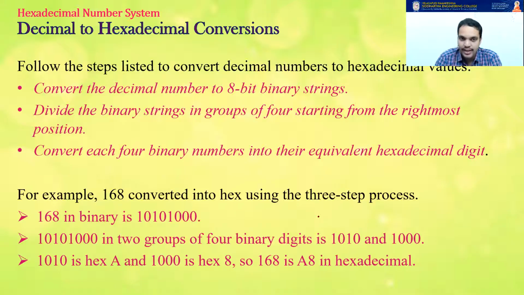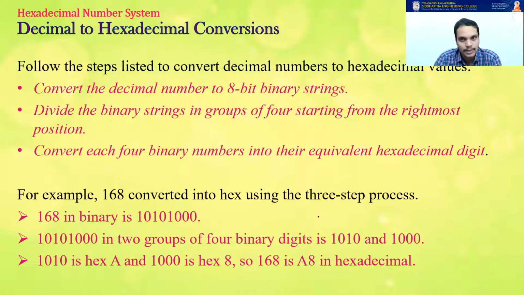You have to divide this into groups of 4, so I have 2 groups here: 1010 and 1000. The equivalent of 1010 is 10, which is written in hexadecimal as A. 1000 has a decimal equivalent of 8. So 168 is written as A8 in hexadecimal.